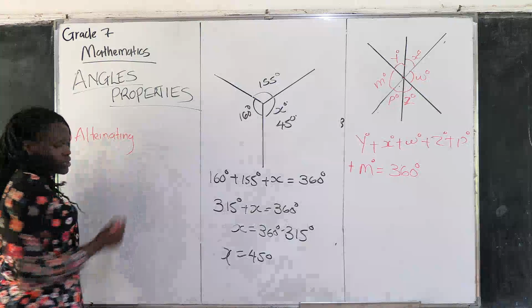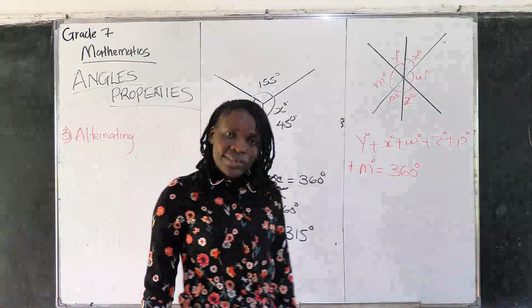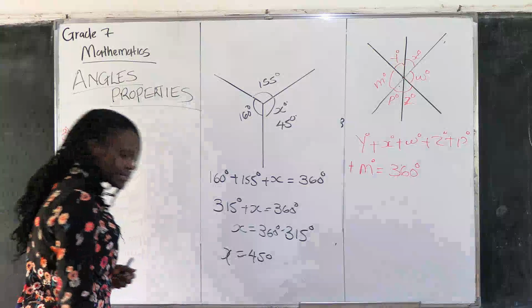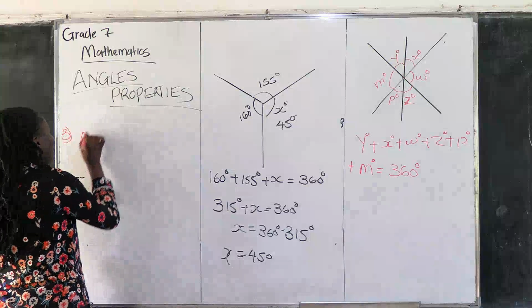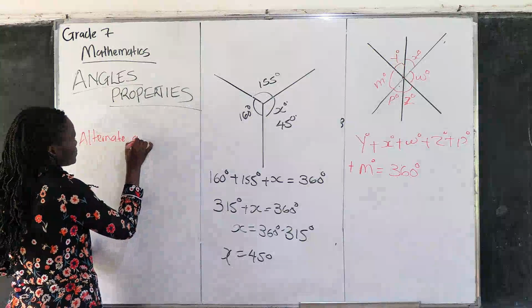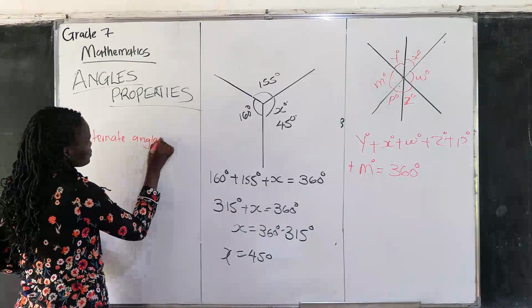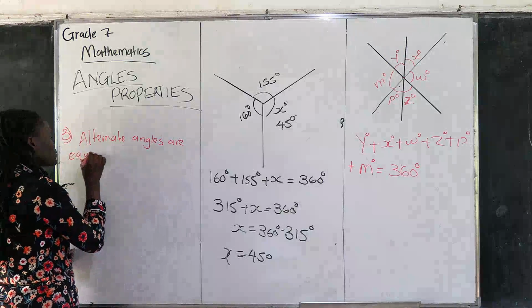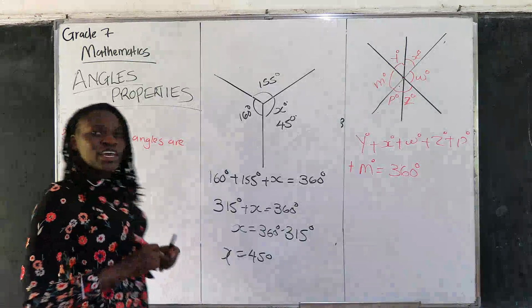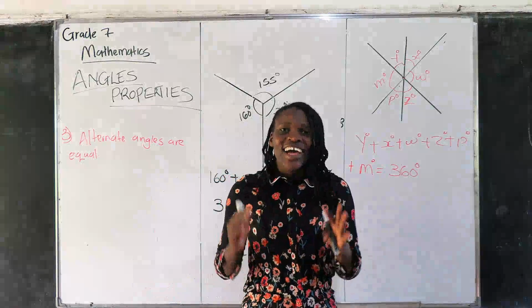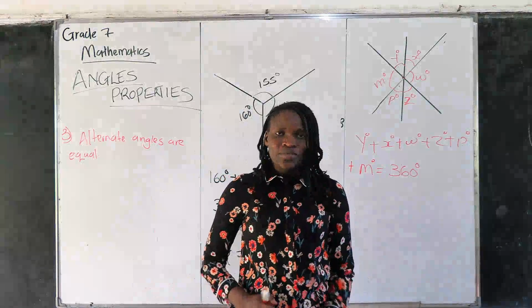We can say alternating or alternate angles, okay? Let's use alternate angles. Alternate angles are equal. When we're talking about alternate angles are equal.